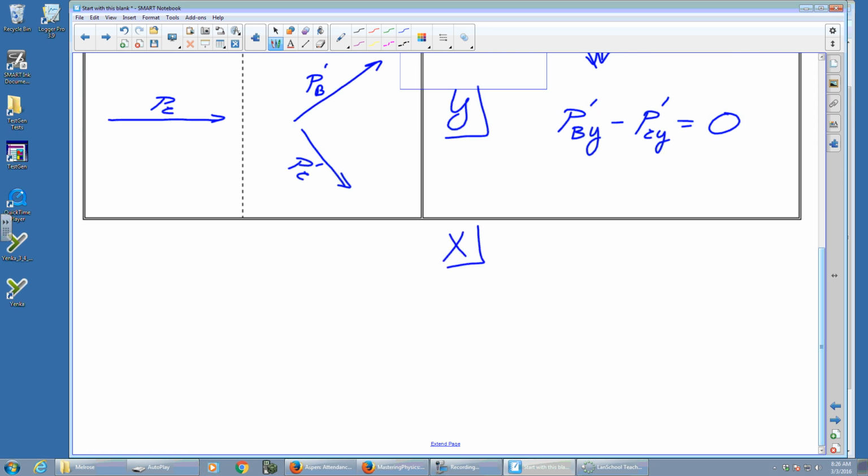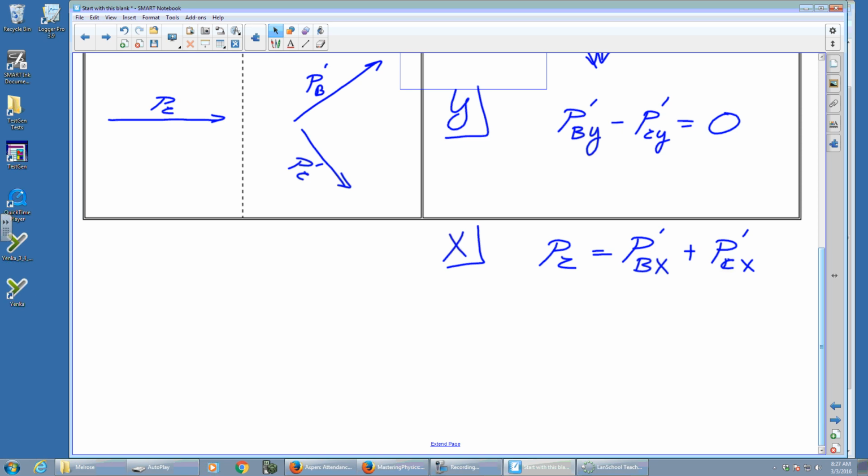And in the x direction, you take the momentum of the cue ball beforehand equals the momentum of the black ball in the x direction plus the momentum of the cue ball in the x direction.